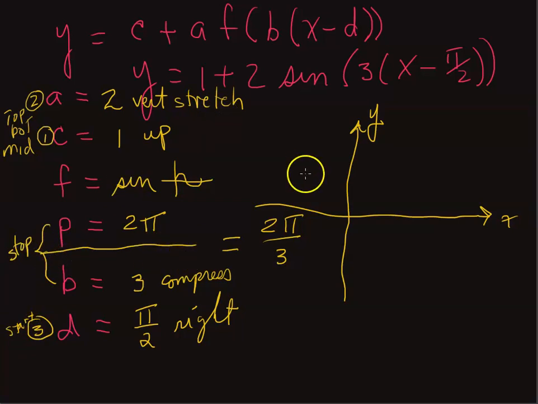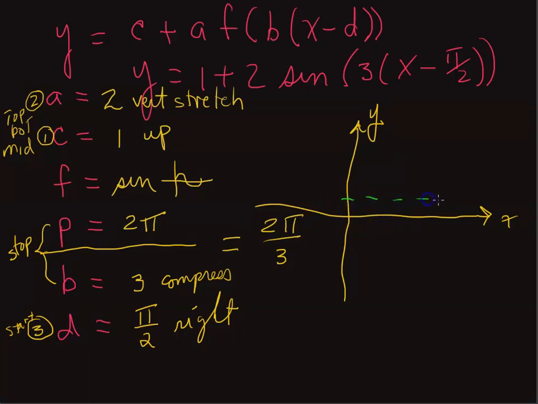So, number 1. Let me change this a little bit to a different color. Now, normally the center of the sine curve is at the x-axis. But now it's moved up 1.